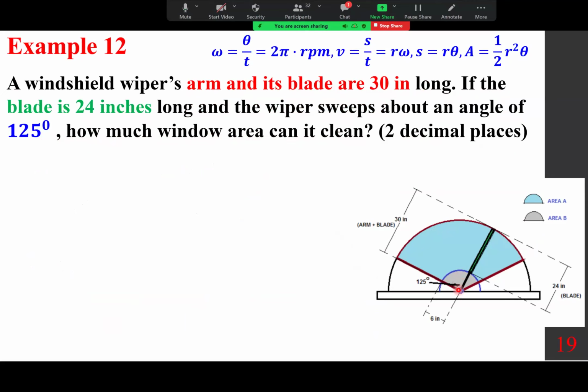This whole thing, arm and blade, is 30 inches. We're going to call it R sub 1. So it covers this entire thing, okay? But we are interested in the windshield, because the arm doesn't do anything. And the arm is 6 inches long.